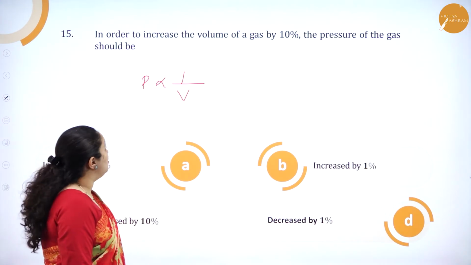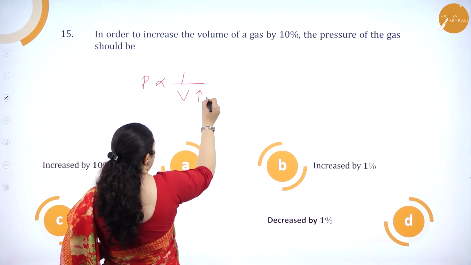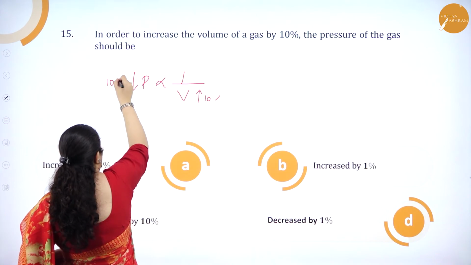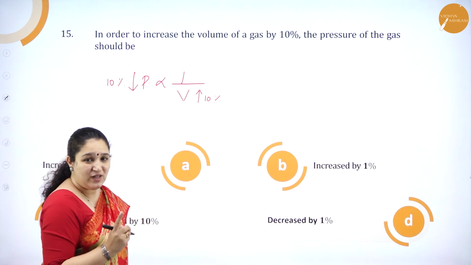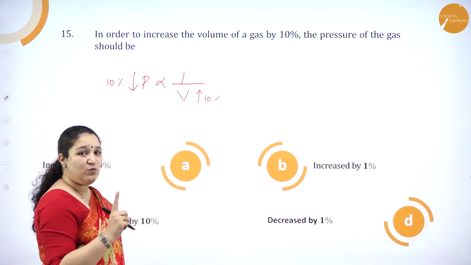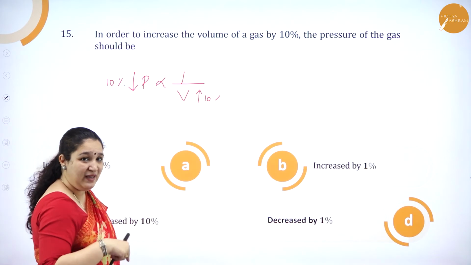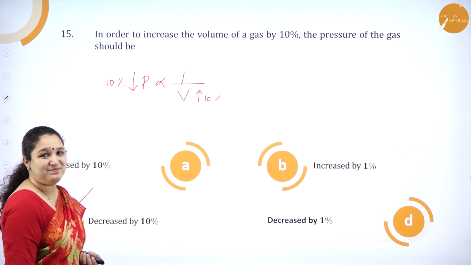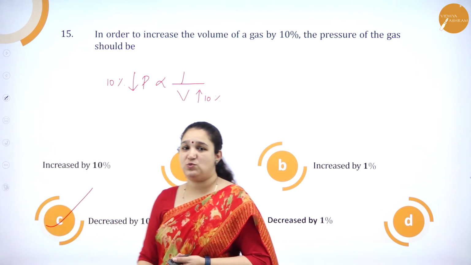So, in order to increase the volume of the gas by 10%, the pressure has to be decreased by 10% because they are inversely proportional. So, option C is the correct answer. I hope you have understood this question. We'll go to the next one.